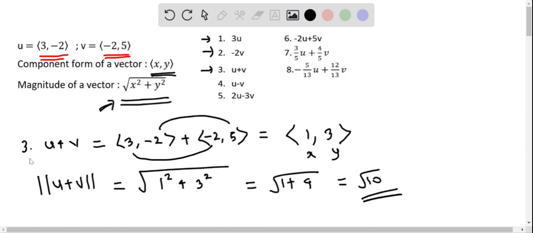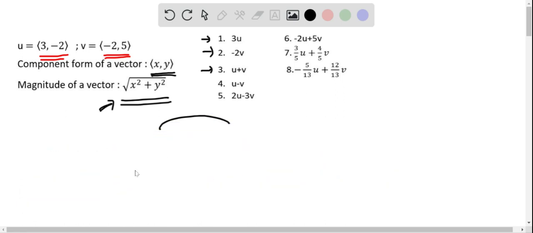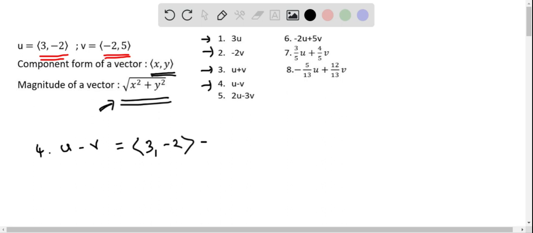Now let's do the next one. Being the fourth one, that is u minus v vector. This is equivalent to, we have to substitute the u first. That is 3 comma minus 2, and then minus 2 comma 5.